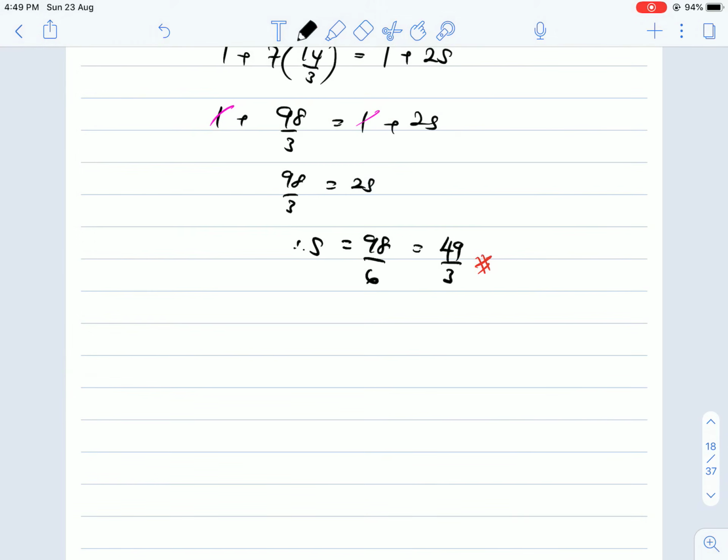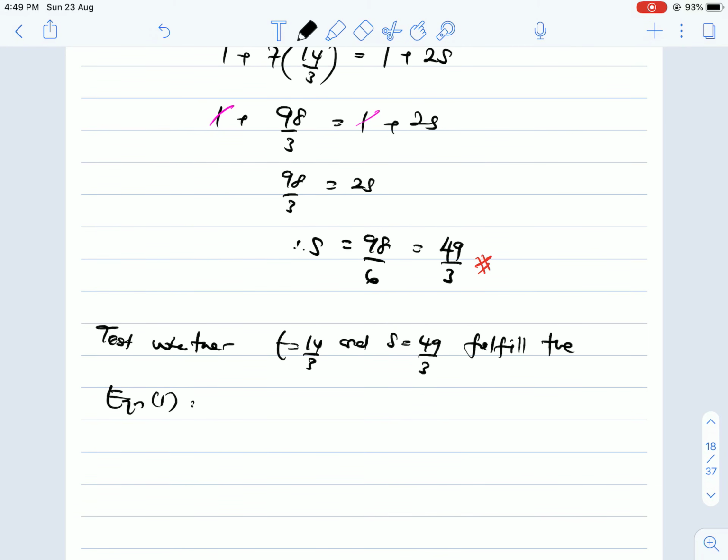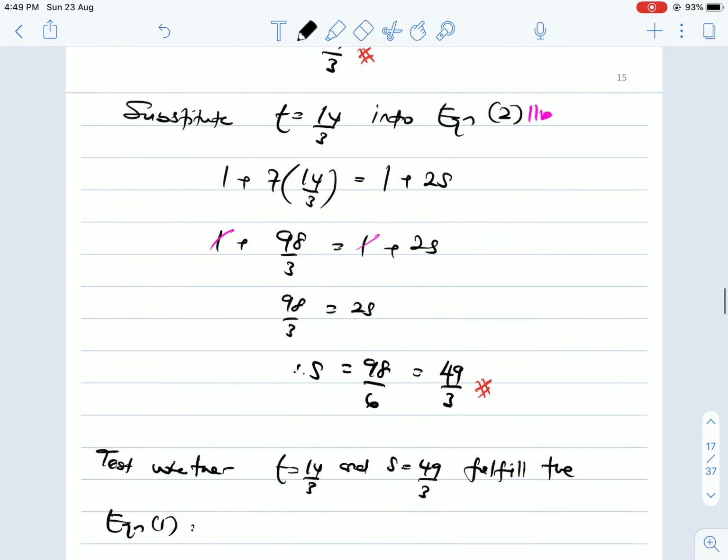Now what we should do here is test whether t equals 14 over 3 and s equals 49 over 3 fulfill equation 1. Why do we test in equation 1?